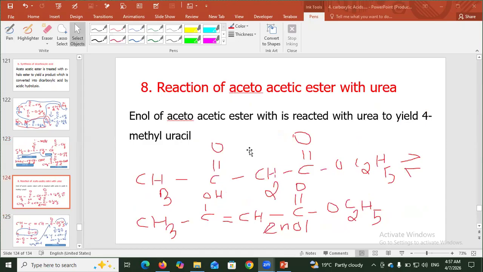Reaction of acetoacetic ester with urea. Enol of acetoacetic ester is reacted with urea to yield 4-methyl uracil.